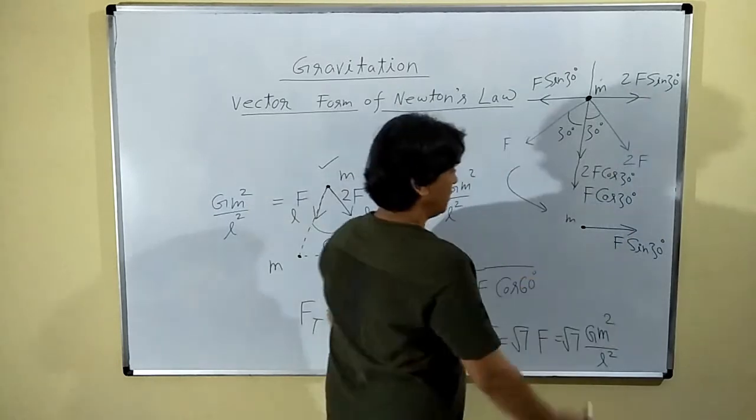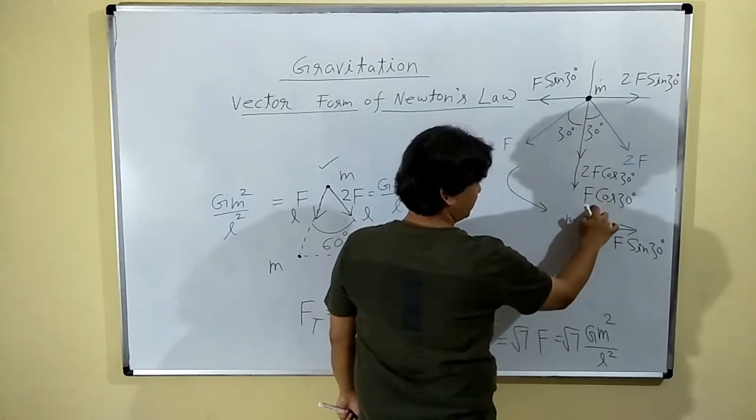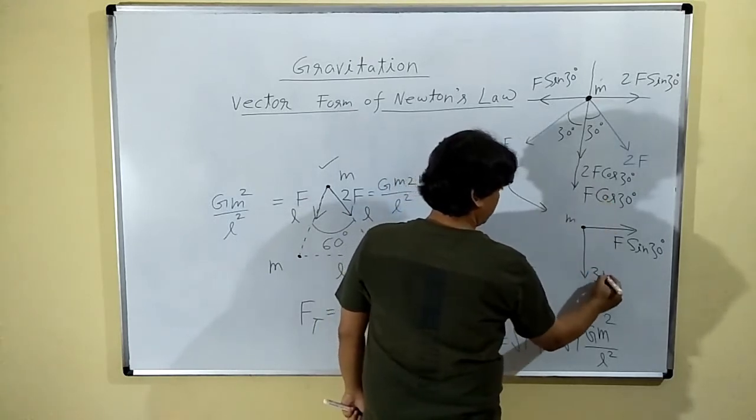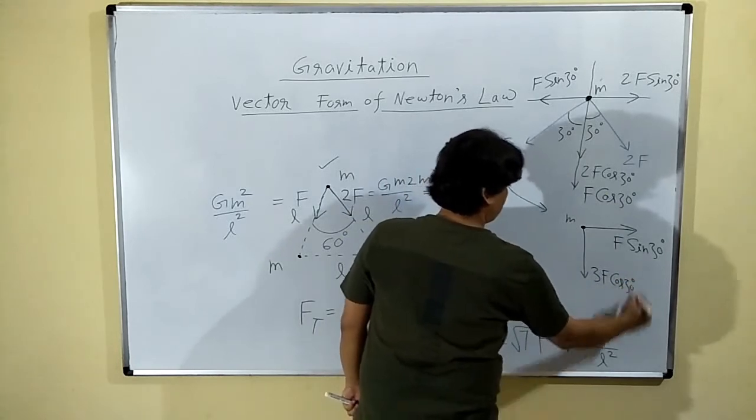F, 2F. What is left? F. What about this? This is 2F plus F, 3F cos 30.